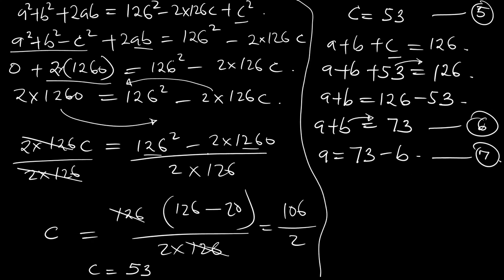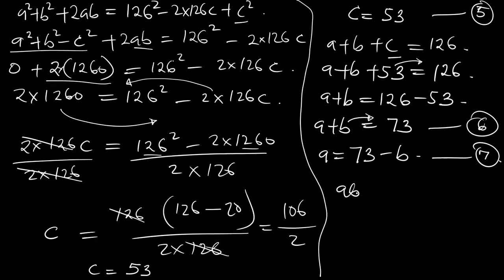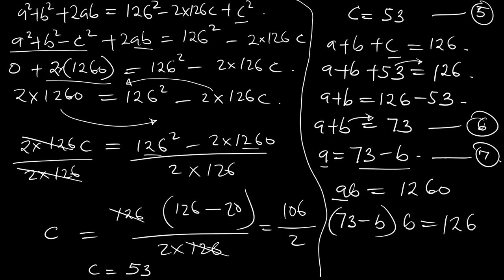Substituting equation 7 into equation 3, which is AB equal to 1260. When I see A, I put 73 minus B. So 73 minus B times B is equal to 1260.